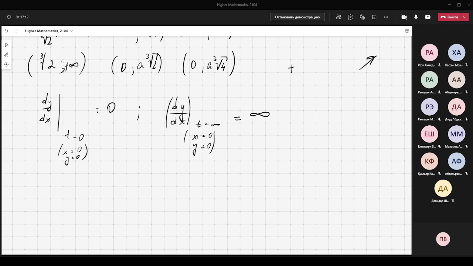Thus, the curve cuts the origin twice, with the tangent parallel to the x-axis and with the tangent parallel to the y-axis.